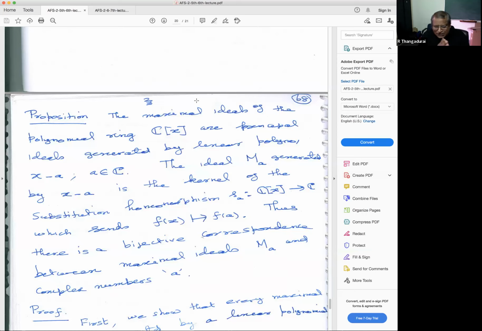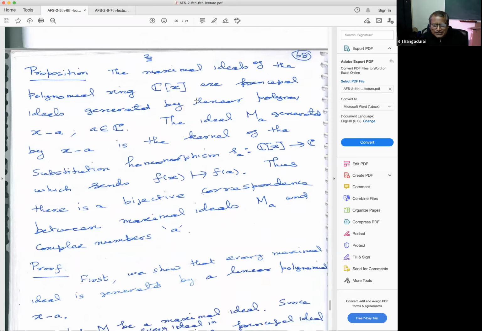Suppose instead of one variable, we take the two variable polynomial ring C of X, Y, can we generalize this same idea?